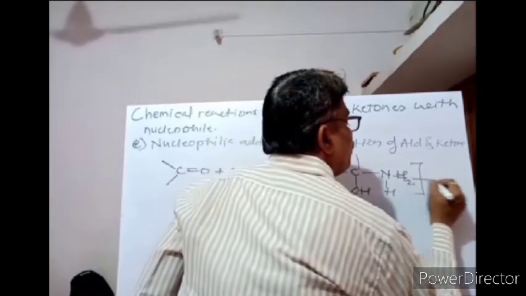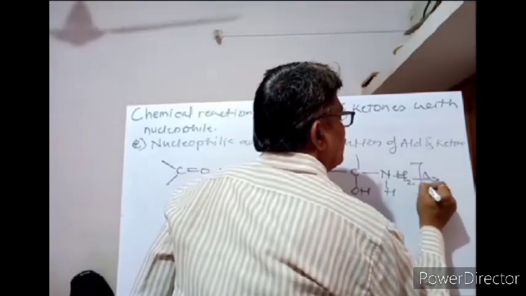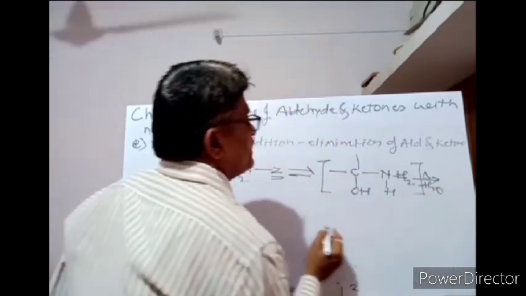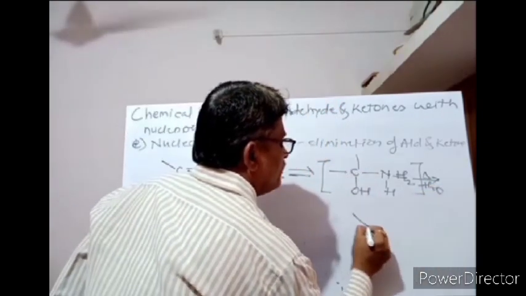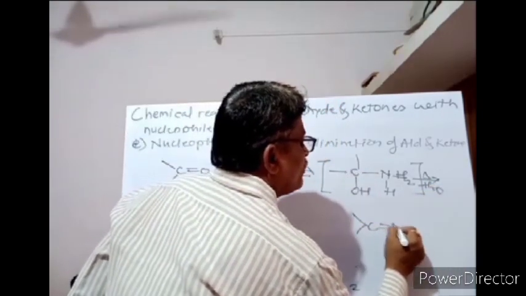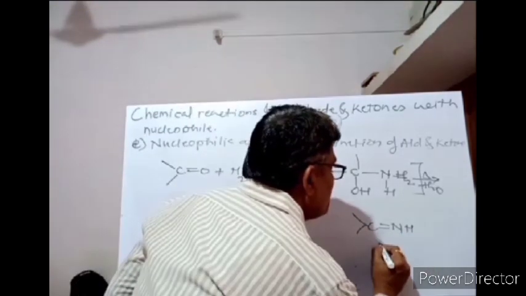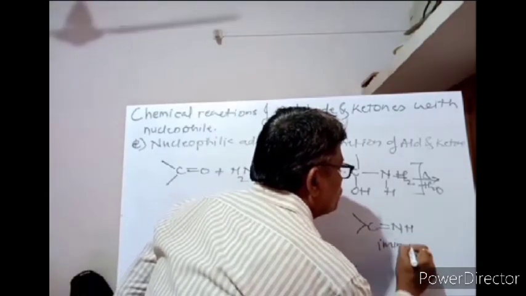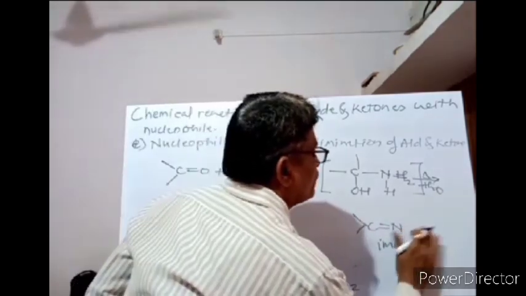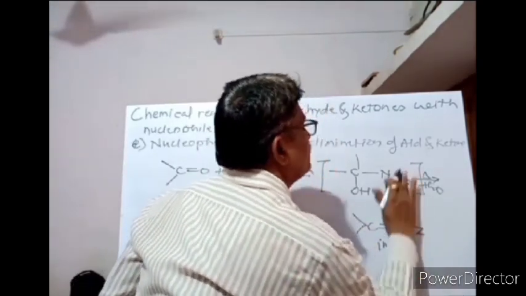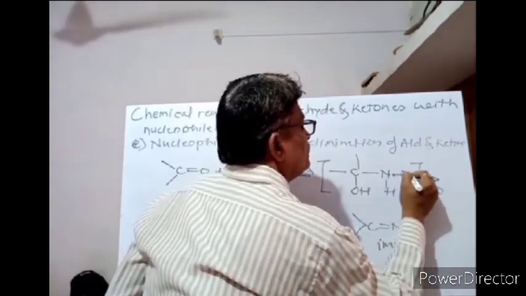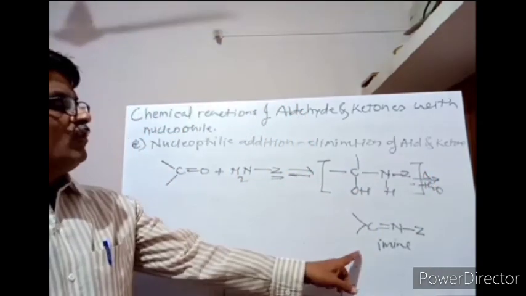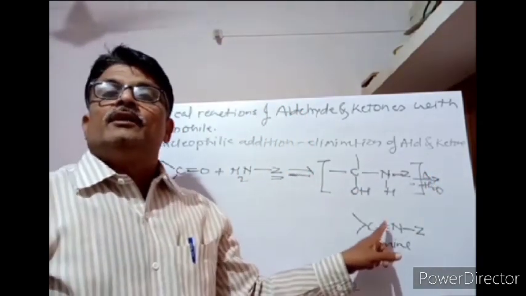On elimination of a water molecule, on heating, minus H2O takes place and a C double bond N is formed. This is known as an imine. Here Z is attached, so we can write it as Z. This is called an imine.